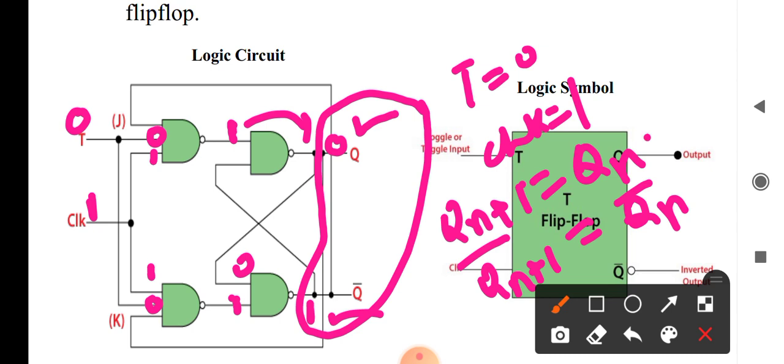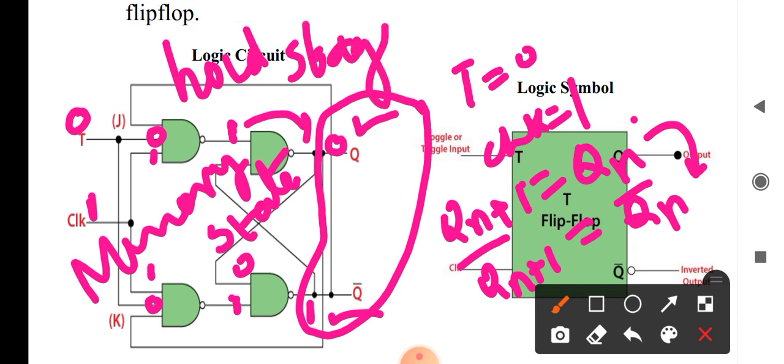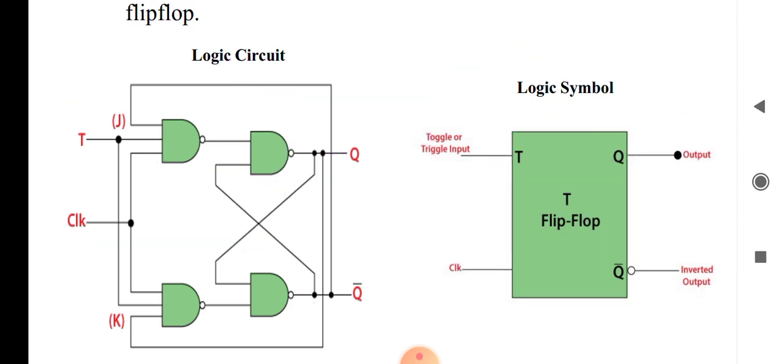That is the complemented value: 0 complement is 1, and 1 complement is 0. This stage we call the memory stage, or the hold stage. I hope you understood this.